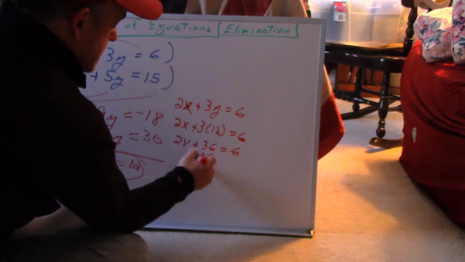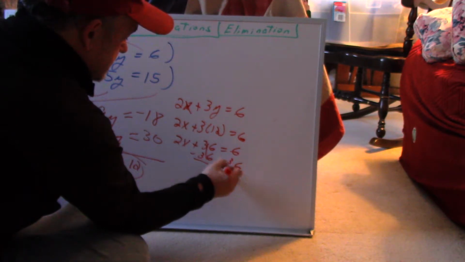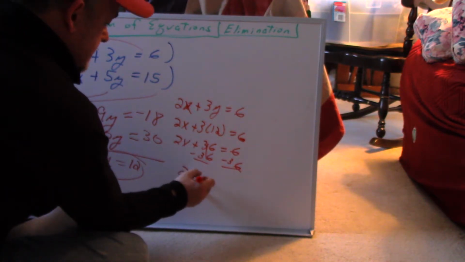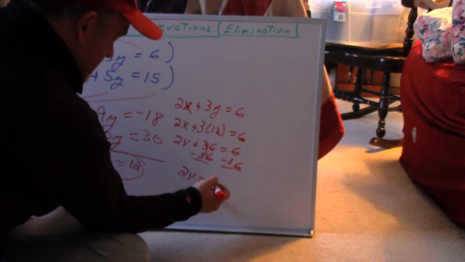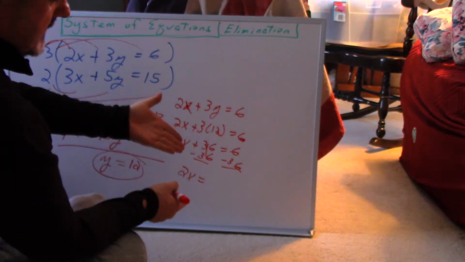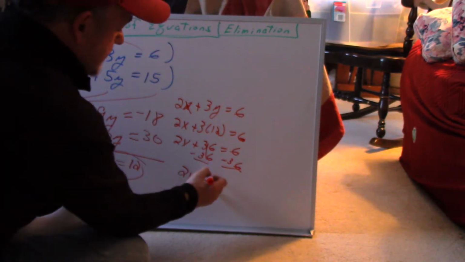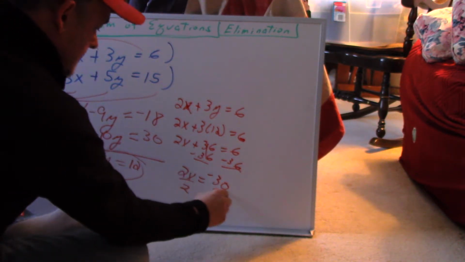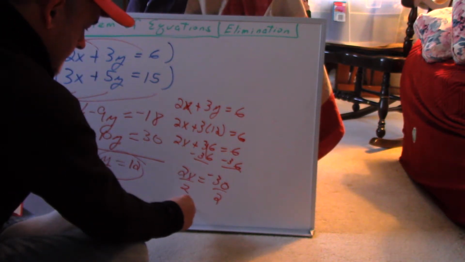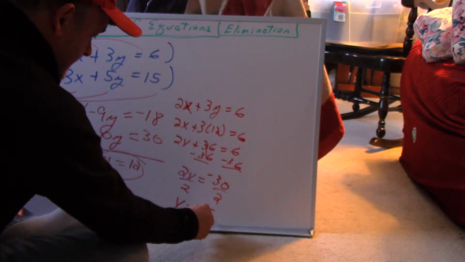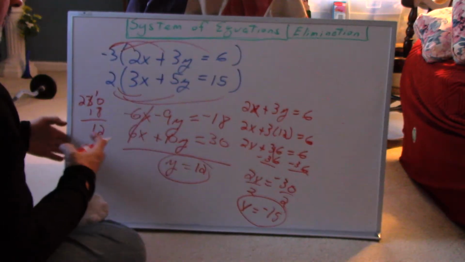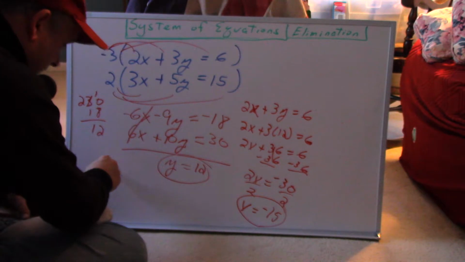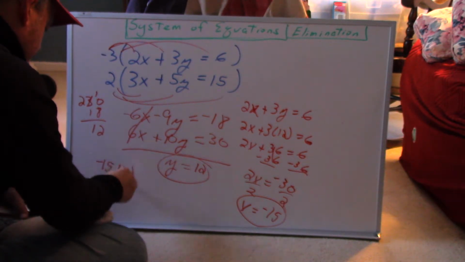Subtract 36, subtract 36. 2x equals 6 minus 36, which is negative, so the answer will be negative 30. And then divide by 2, divide by 2. x is negative 15. So the point where they meet is (negative 15, 12).